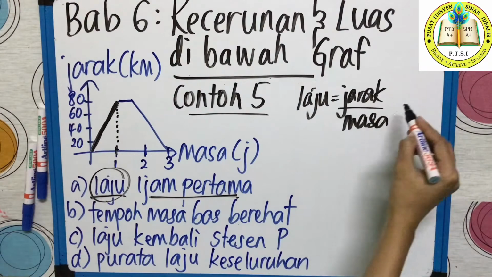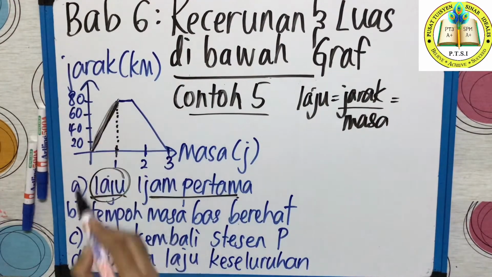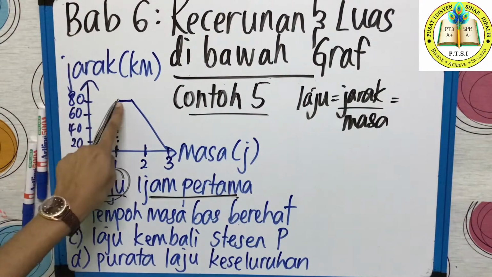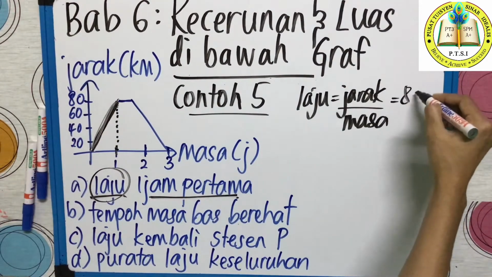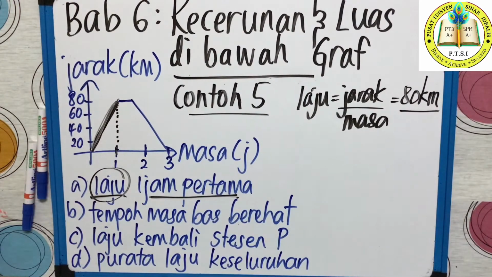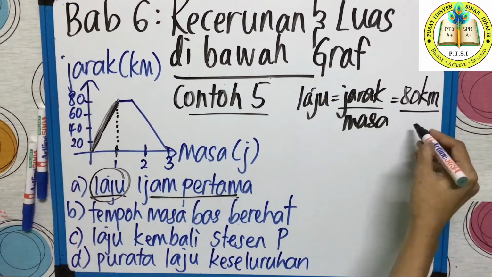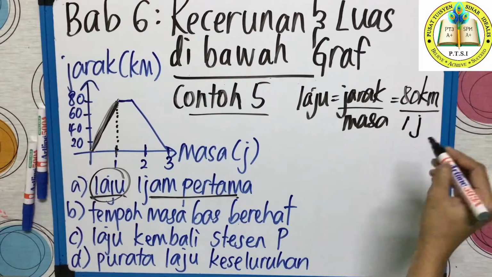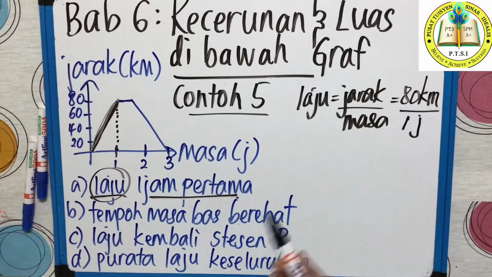So equal jarak. Berapa jarak untuk 1 jam pertama? How much is the distance? Look at the graph, 80. Don't put just 80, put 80 kilometer. Over. Masa. 1 jam pertama. So you put 1 jam. So when you divide class, bila kamu bahagi, berapa kamu dapat?